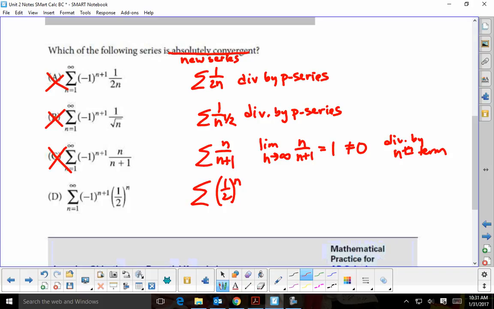That's it. So that R is less than 1 but greater than 0 in absolute value. So what does it do? Converges by the geometric series. So this one was absolutely convergent. Good?